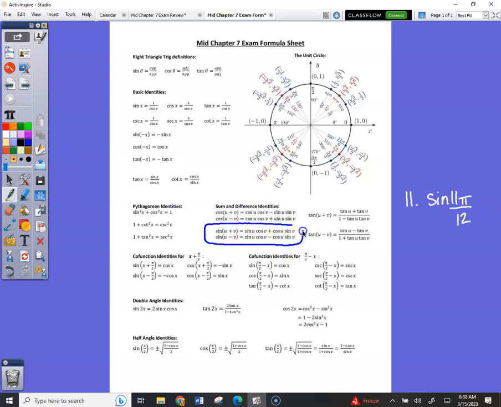Then ask yourself, what's the goal here? What's the plan? The plan is to take this 11 pi over 12 and rewrite it as either a fraction plus a fraction or a fraction minus a fraction. And the two fractions have to either add to 11 pi over 12 or subtract to 11 pi over 12. And this is where you have free choice.